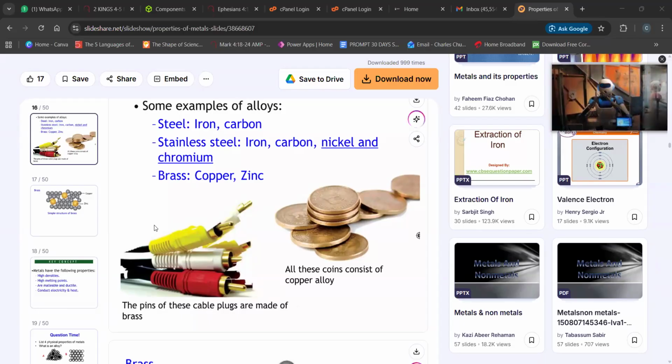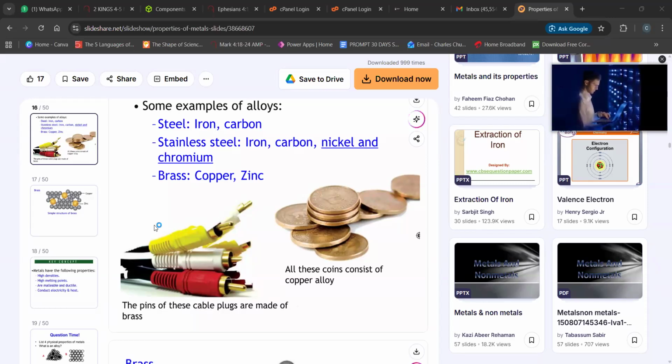Have you noticed that those coins in the picture there, depending on how they are polished, could almost look like gold? Did you notice that? So that's why brass gives this look.